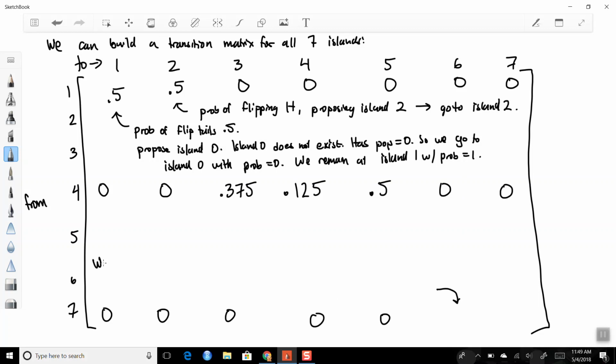We first have to flip tails with probability equal to 0.5, and that means we propose island 6.